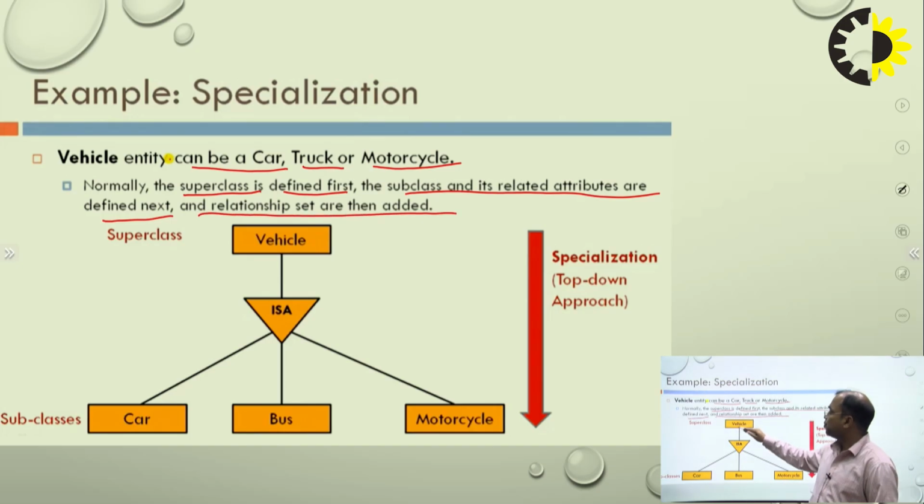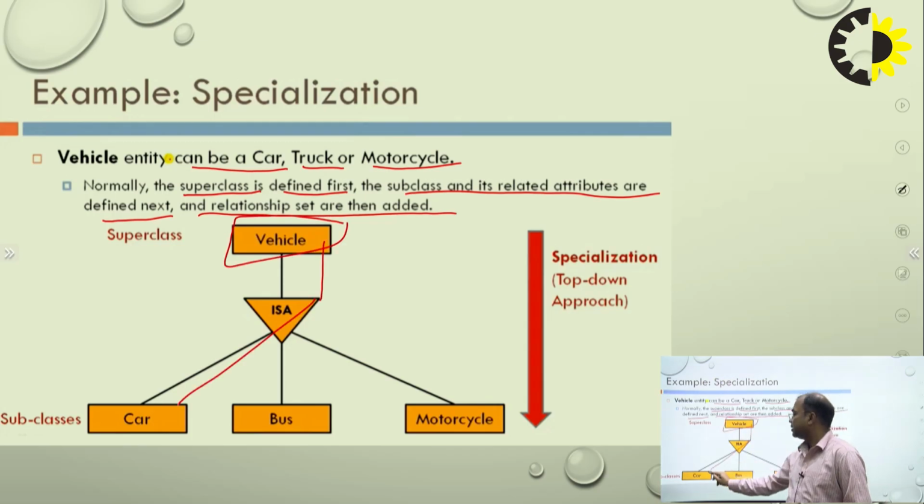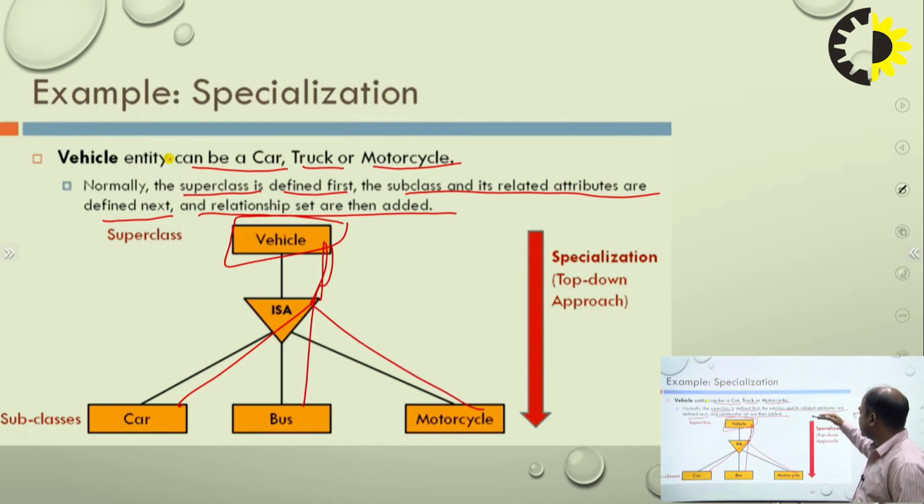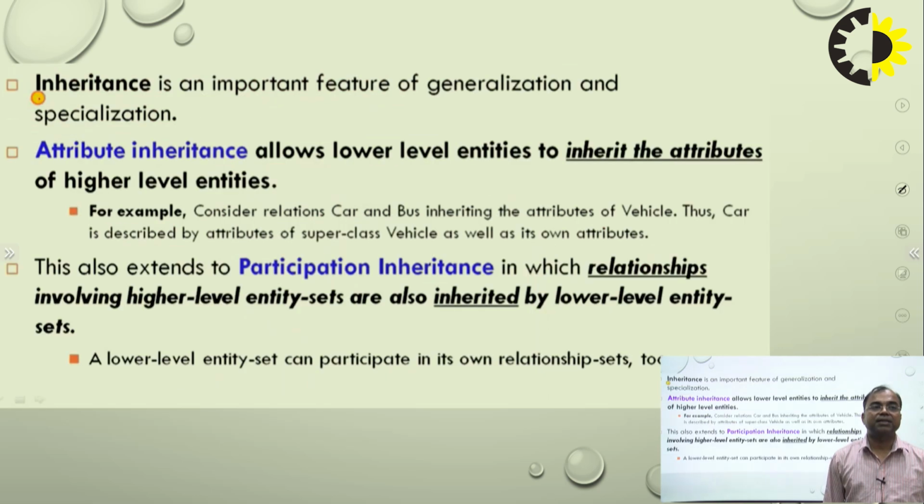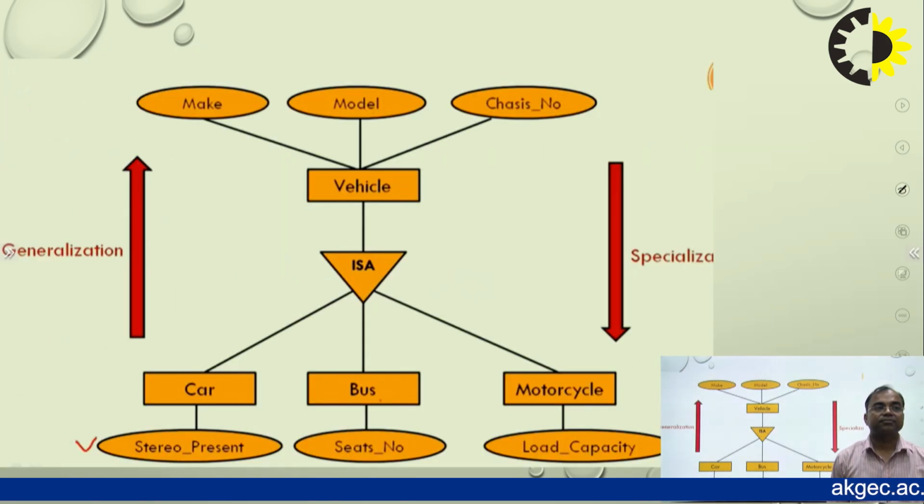So we have a superclass like vehicle, and vehicle is a car, vehicle is a bus, vehicle is a motorcycle. This is the top down approach, going from the upper level superclass to the lower level. The attributes are also common among them: vehicle number, chassis number, and model number. These are all special things we can add inside this specialization.